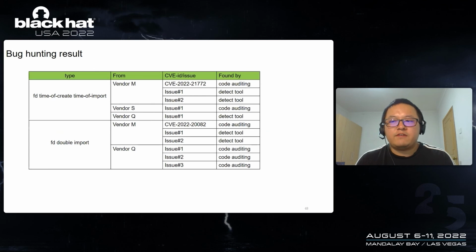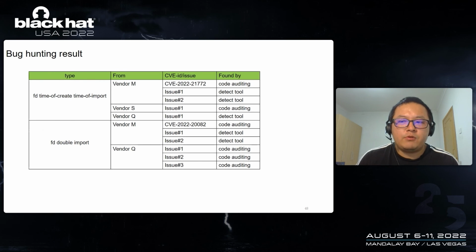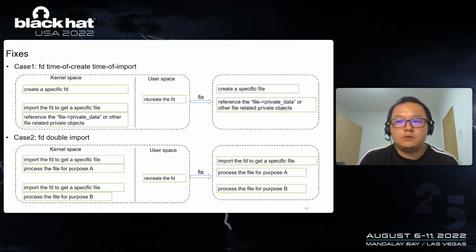Here are the issues I found by both the detection tool and code auditing. It seems that there are quite a few issues in the scenario of FD import operations in vendors' kernels. The fix for FD time-of-create, time-of-import is obvious.